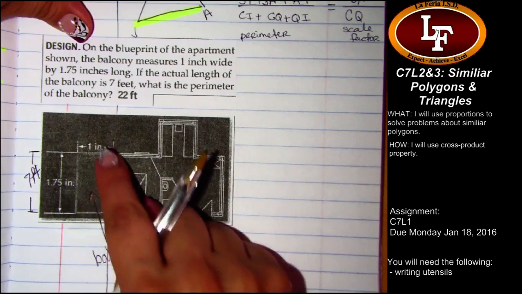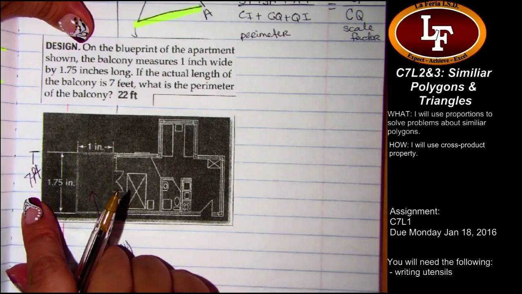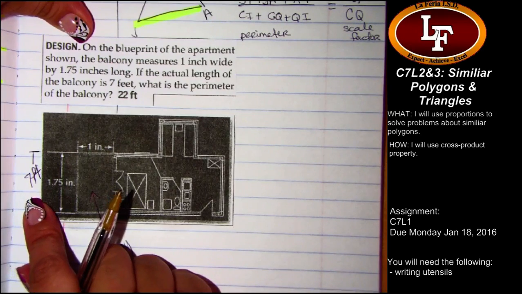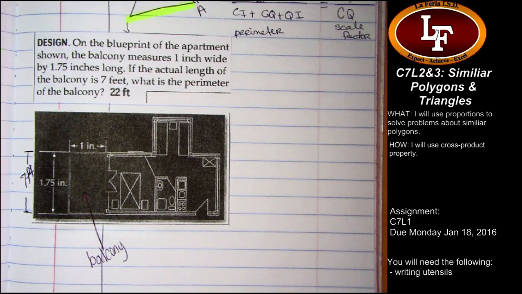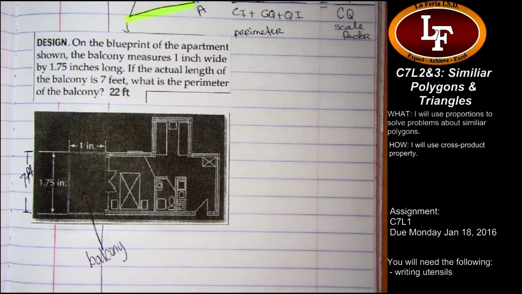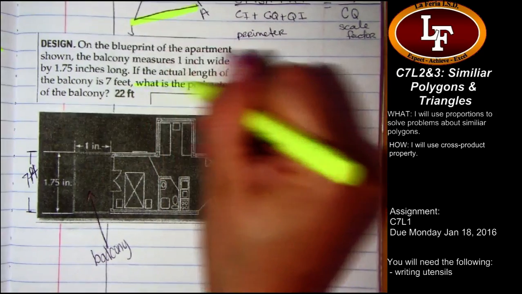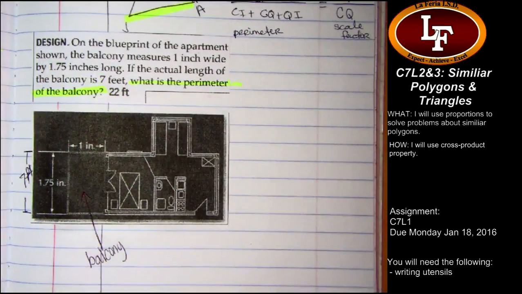He's going to make it something by 7 feet. So this is a dilation. He starts with a small drawing and he scales it up to make the big real life structure. He's making use of similar polygons. So using just this information, we have to figure out what the perimeter of the balcony is.